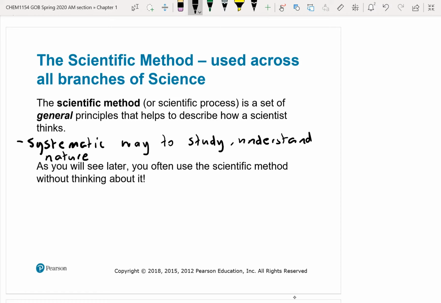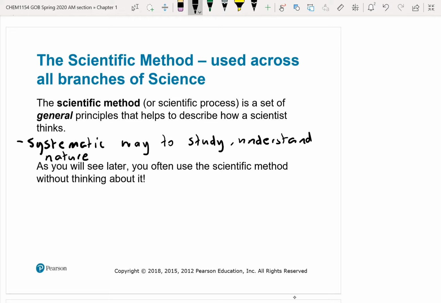And when we get further down into the semester, we're going to be looking at the processes that happen inside of us. That would be in the biochemistry part of the course, and we use the same process to study what's happening inside of us as well.